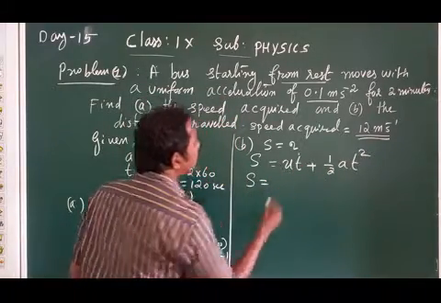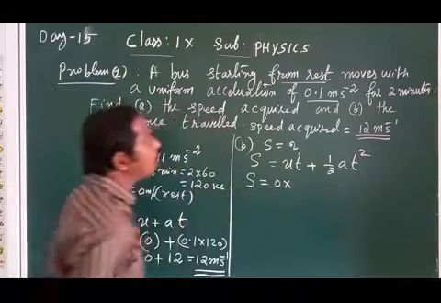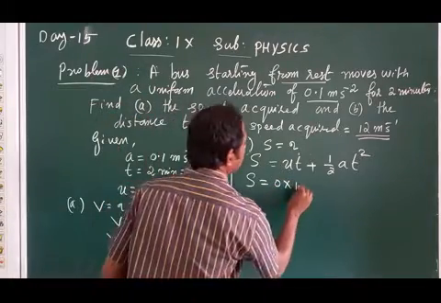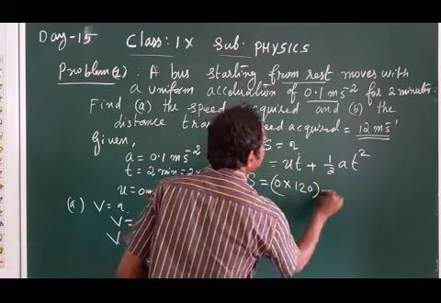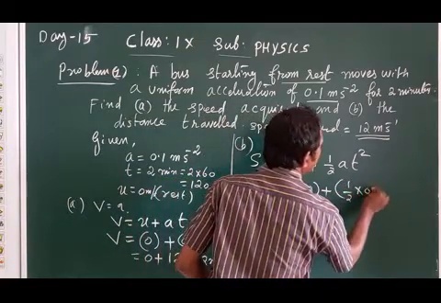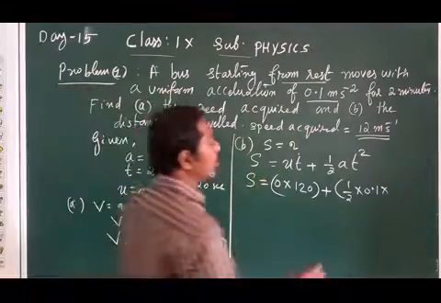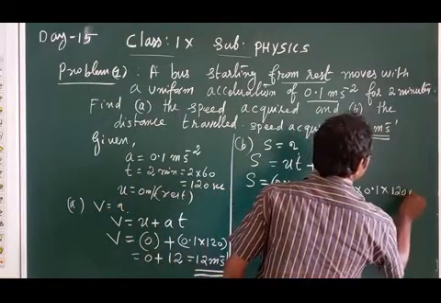S equal to u, what will be 0. 0 into t, which is 120 seconds, 0, plus half into 0.1 into t square, t into t, so 120 into 120.